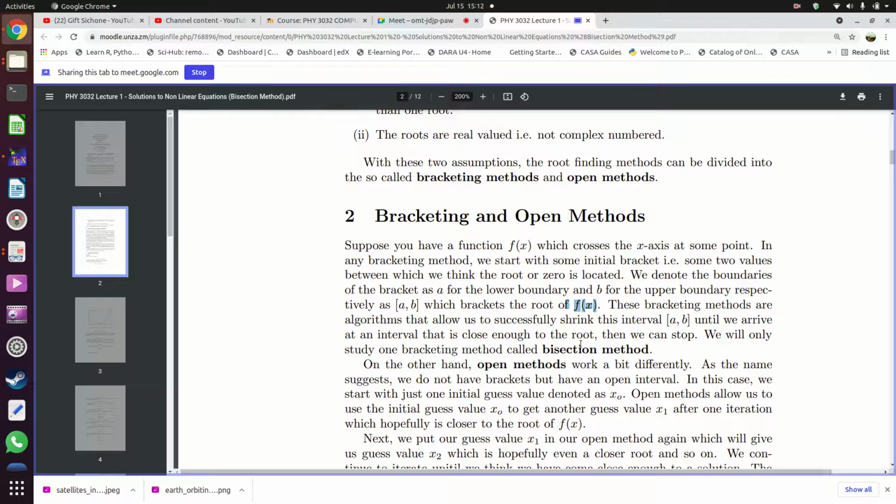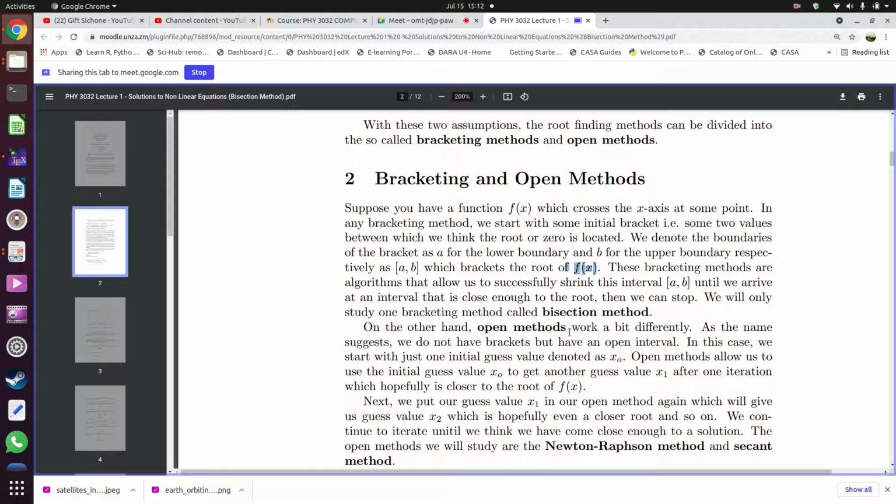There are other bracketing methods, but the one we're actually going to look at in this course is something referred to as the bisection method.